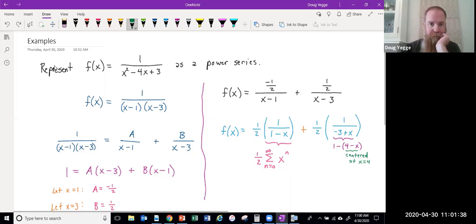Instead, we're going to rewrite it by dividing by -3. So we're going to divide top and bottom by -3 here. So let me go ahead and erase this.